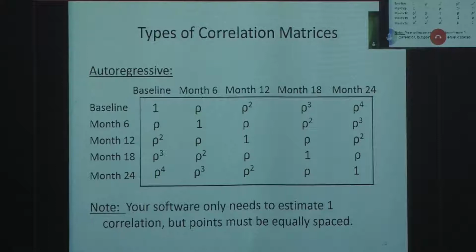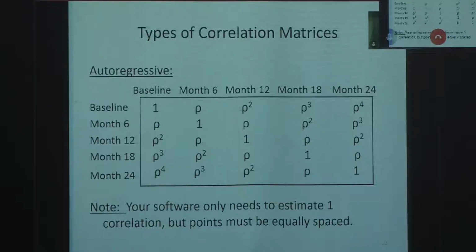Between baseline and 6 months, the program will estimate the degree of correlation, rho. And then baseline to 12 months, this is not a typo, it's not rho sub 2, this is rho squared. So if the estimated correlation was 0.5 between baseline and 6 months, the correlation between baseline and 12 months is 0.5 squared, 0.25.